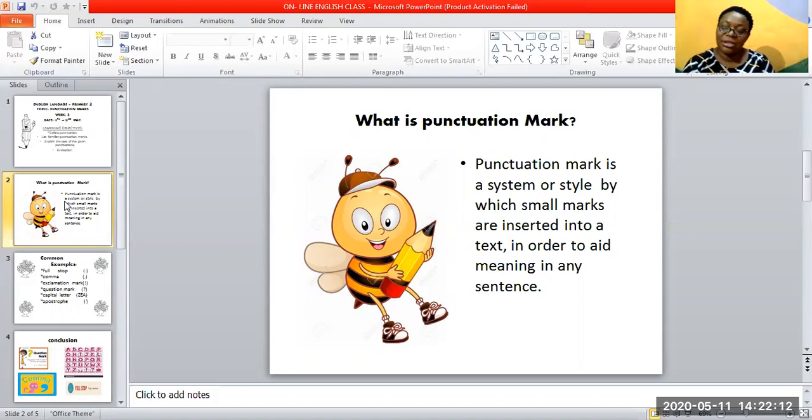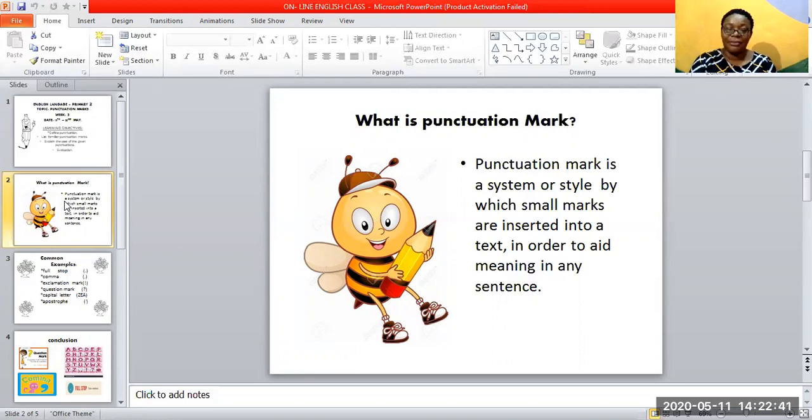In other words, punctuation mark is the correct use of full stop, question mark, capital letters, comma, apostrophe, inverted comma, exclamation mark, and hyphen. I take that again.